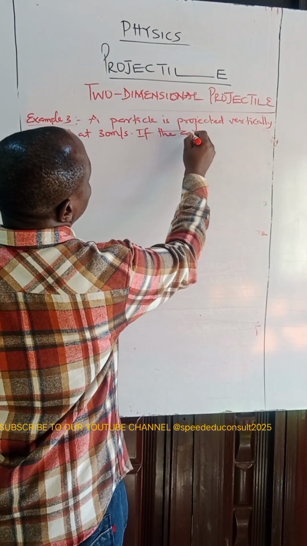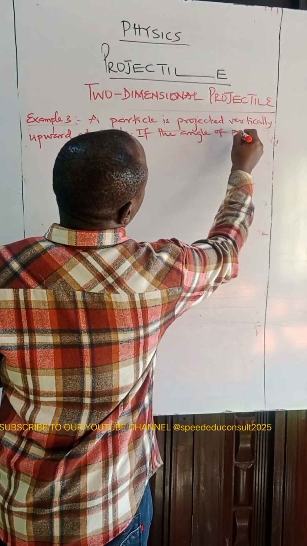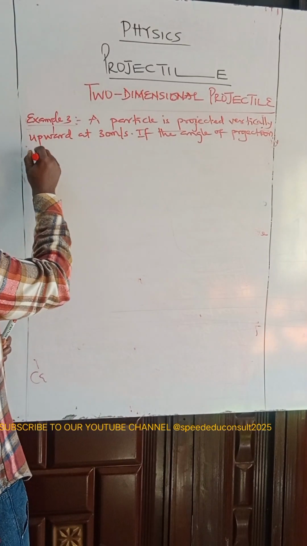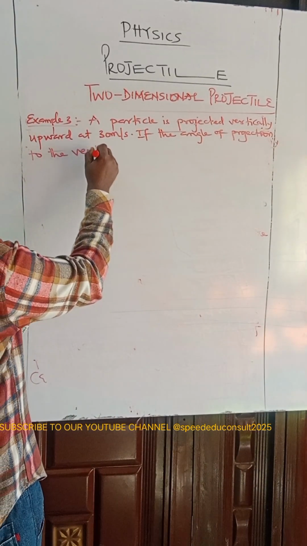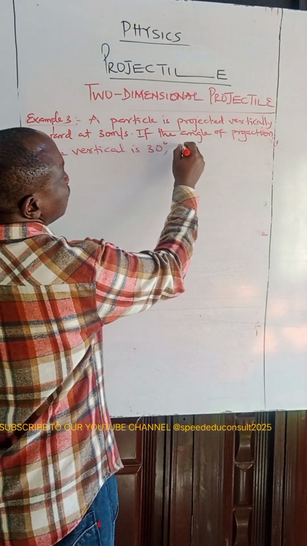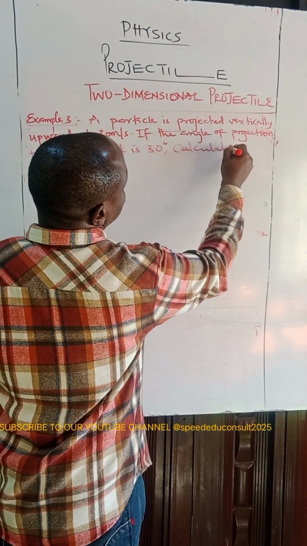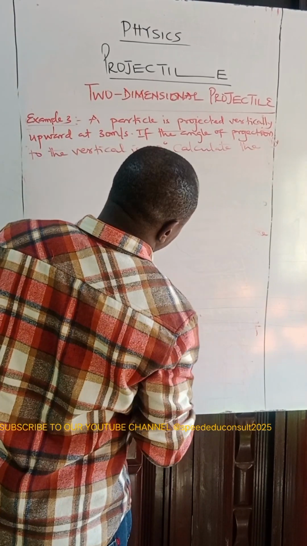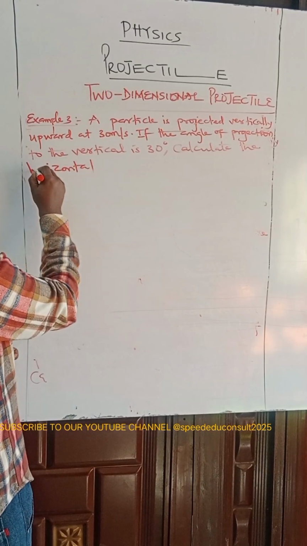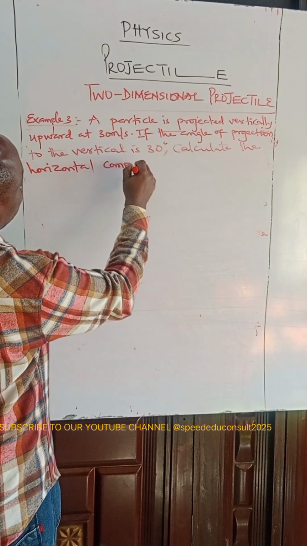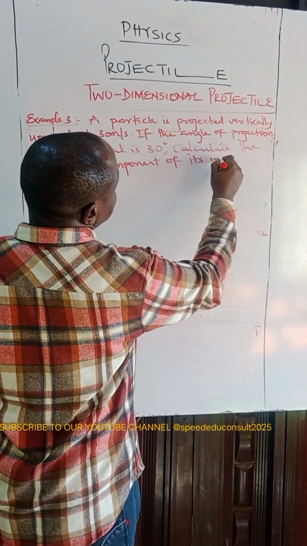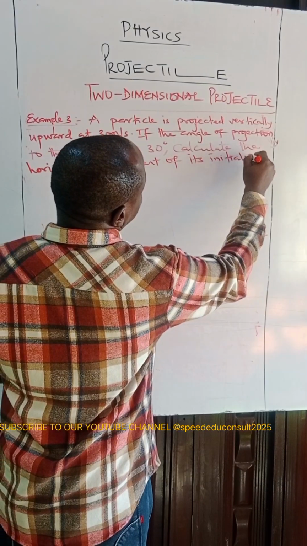If the angle of projection to the vertical is 30 degrees, calculate the horizontal component of its initial velocity.